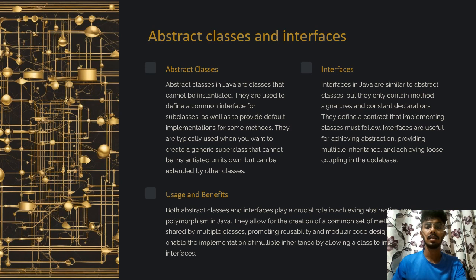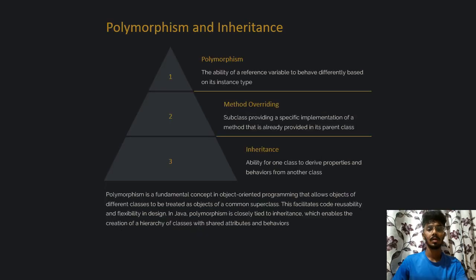Interfaces in Java are similar to abstract classes, but they only contain method signatures and constant declarations. They define a contract that implementing classes must follow. Interfaces are useful for achieving abstraction, providing multiple inheritance, and achieving loose coupling in the codebase.